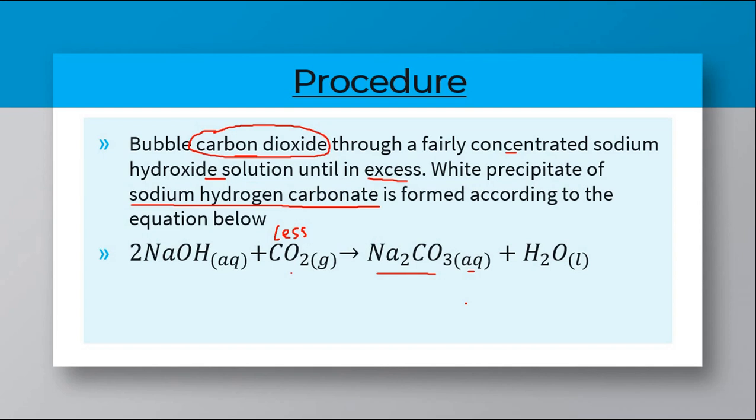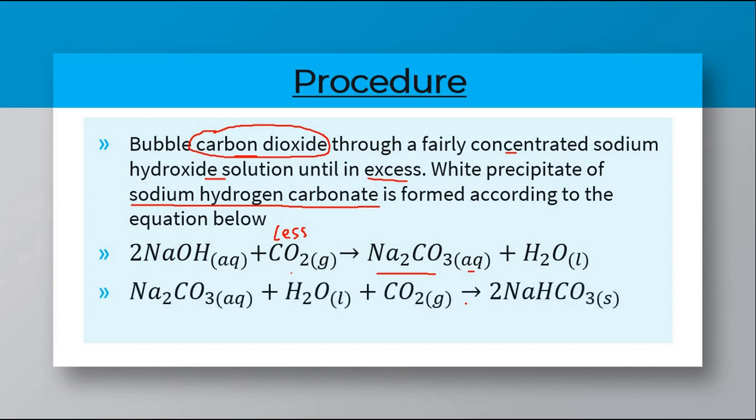Then second, having formed sodium carbonate, we add excess carbon dioxide gas to the already formed solution of sodium carbonate, then we shall form sodium hydrogen carbonate. Remember, we are preparing sodium carbonate.